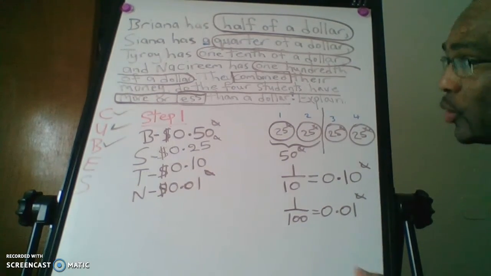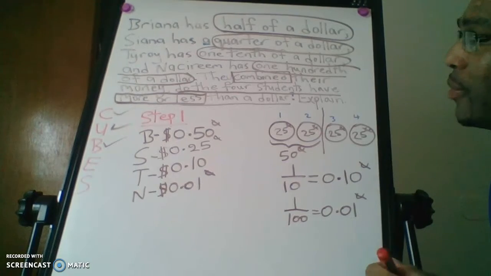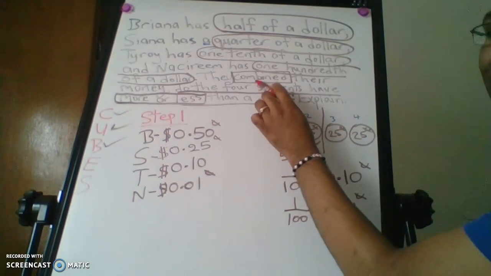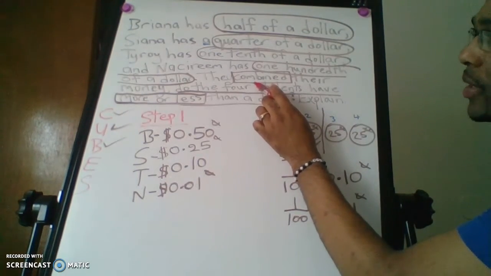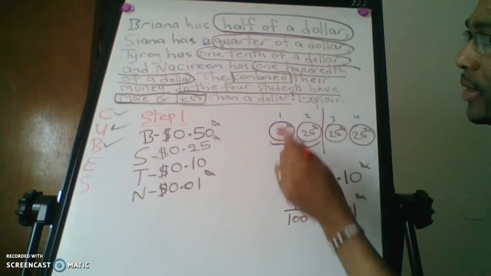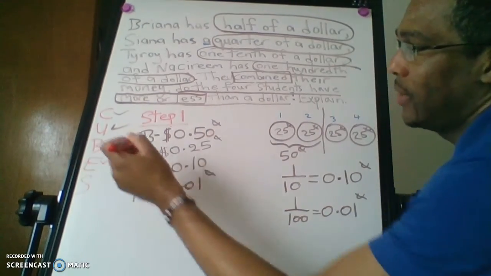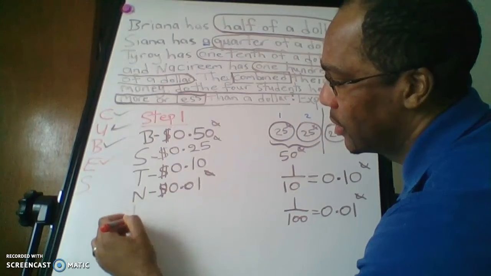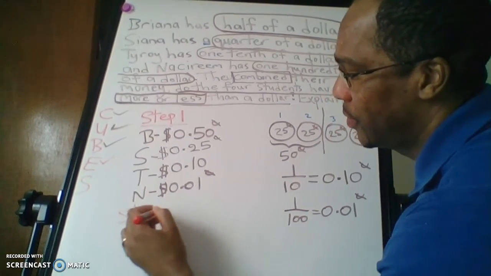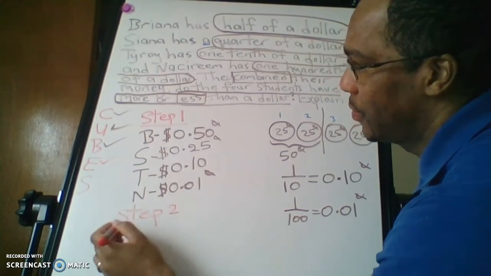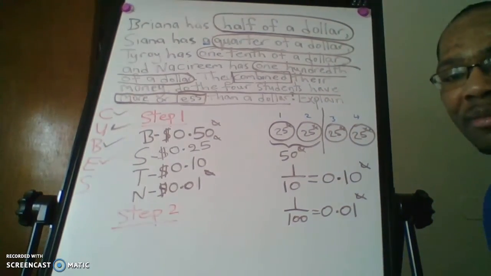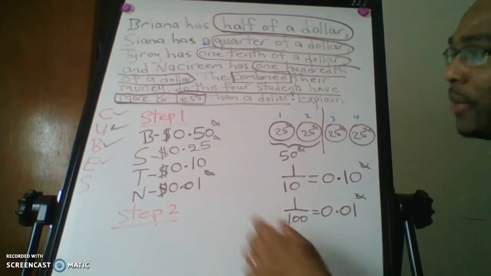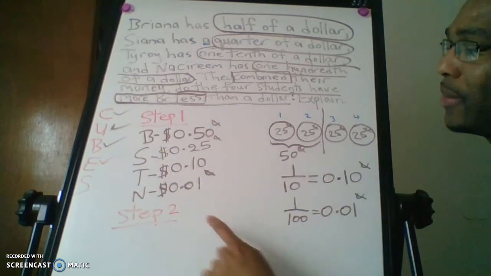Step 2, I am going to combine these numbers so I can check my evaluation. What I'm actually going to do is add them up together.